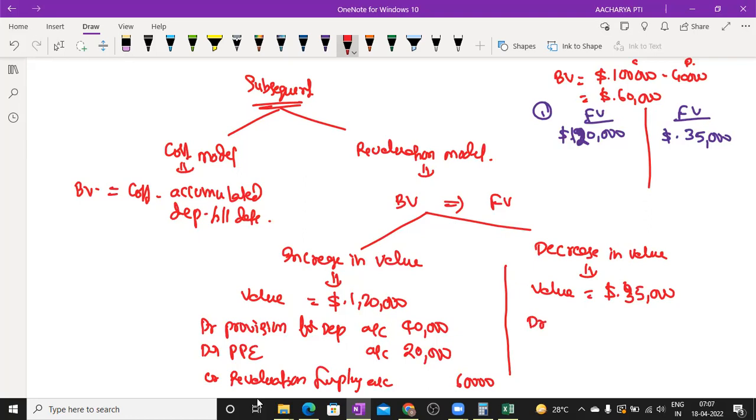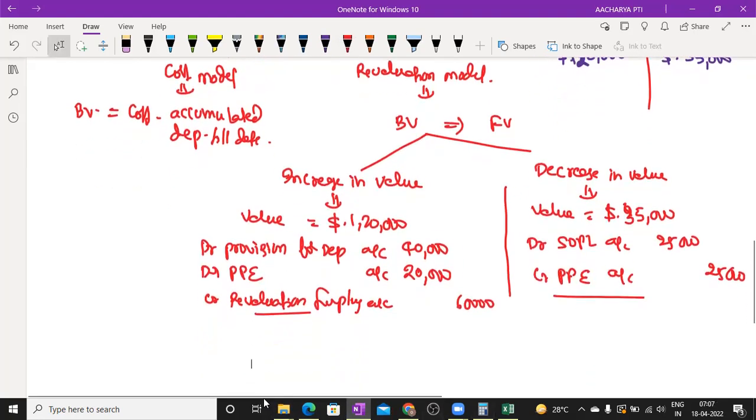We write the entry: debit statement of profit and loss account 25,000, credit property, plant and equipment account 25,000. These are the journal entries to be recorded in case of revaluation.